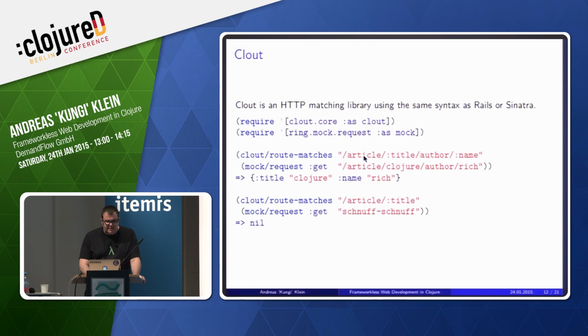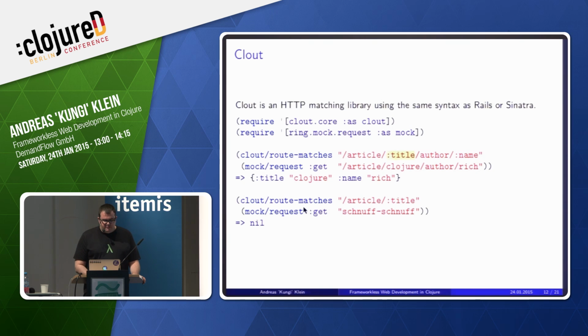For example, in this case, article, title, author and name are just variable parts which get matched later. Then we put in a request with article about Clojure and author is Rich, and what we get back is a map. So it matched.